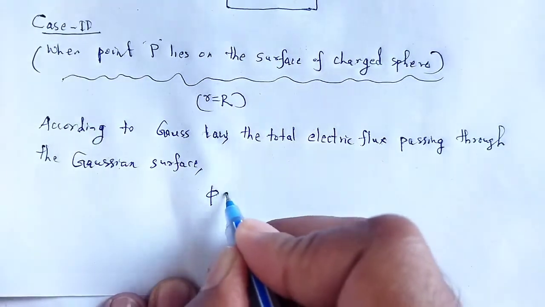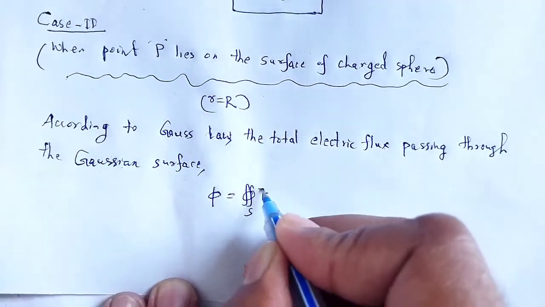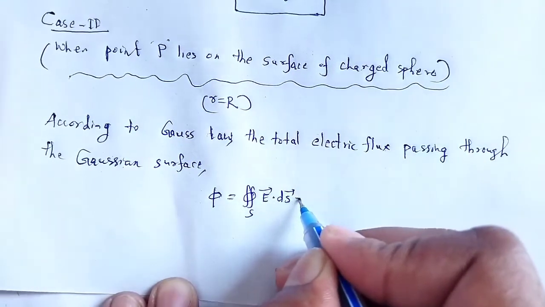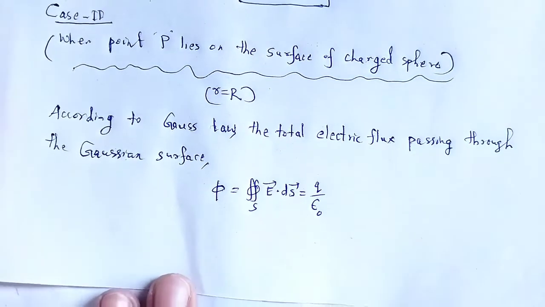phi is equal to closed surface integration over S of E dot ds is equal to q divided by epsilon naught.